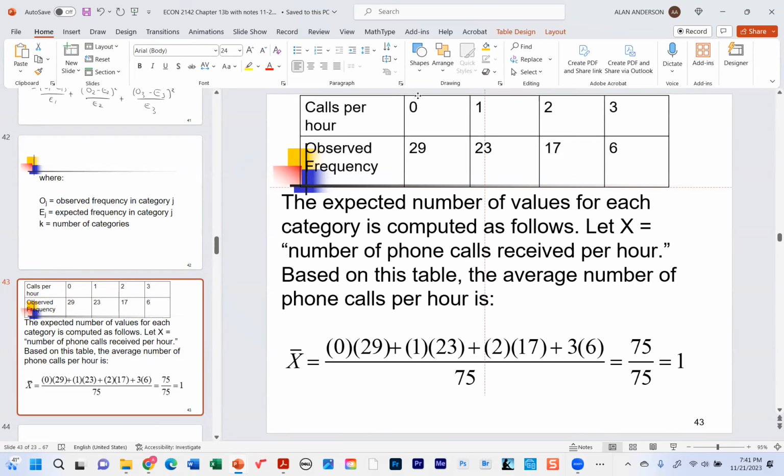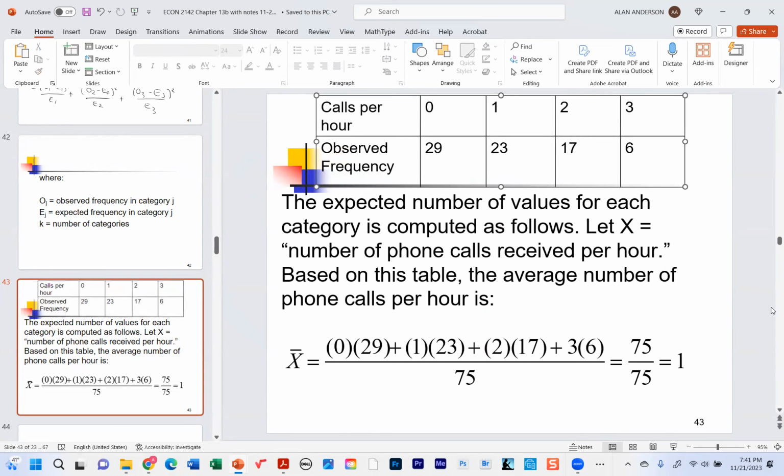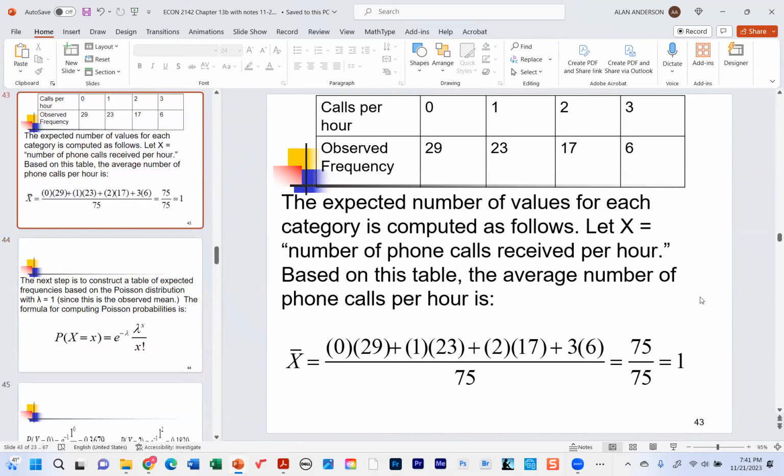Okay. What exactly happened here? Well, keep in mind that we have 75 observations in our data set. So what you're doing here is you're multiplying the number of calls. You see, you have 0, 1, 2, and 3, by the number of times that happened, 29, 23, 17, and 6. And then turns out that adds up to 75. In the denominator, we just add these up.